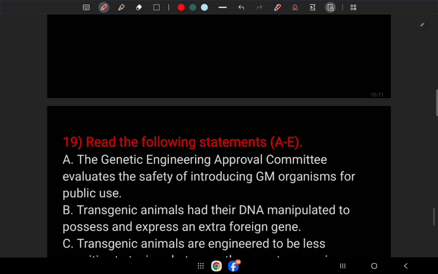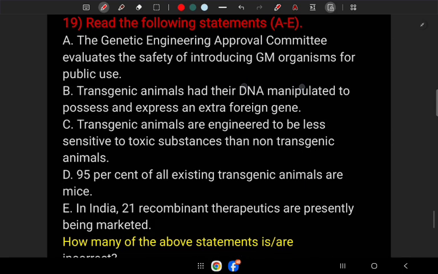Next question. Read the following statements A to E. The Genetic Engineering Approval Committee, that is GEAC, evaluates the safety of introducing GM organisms for public use. Right. Transgenic animals have had their DNA manipulated to possess and express an extra foreign gene. This is right.